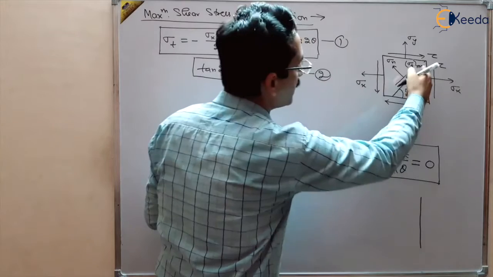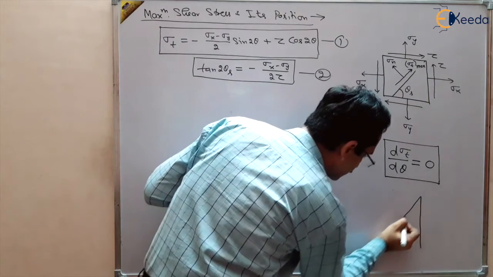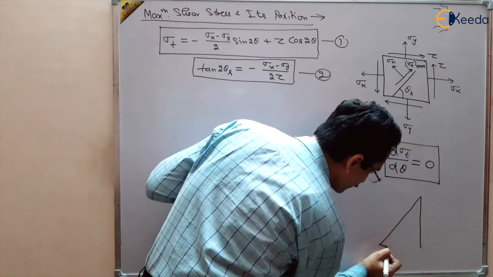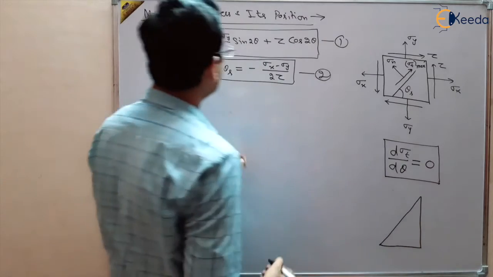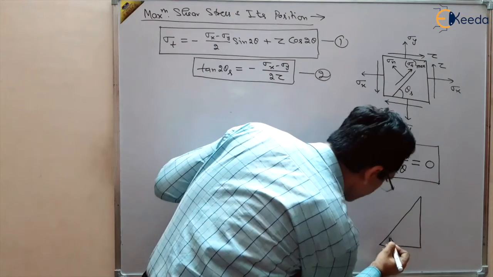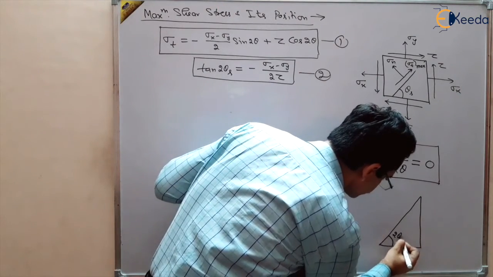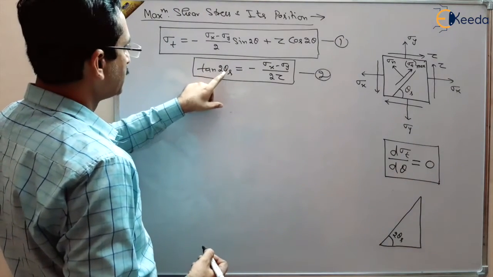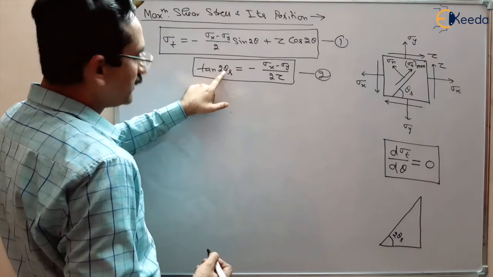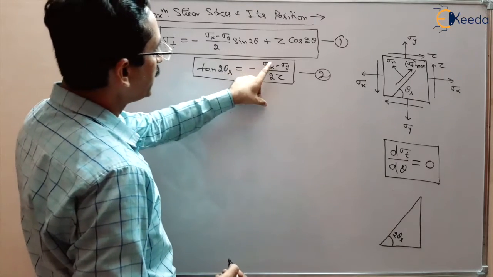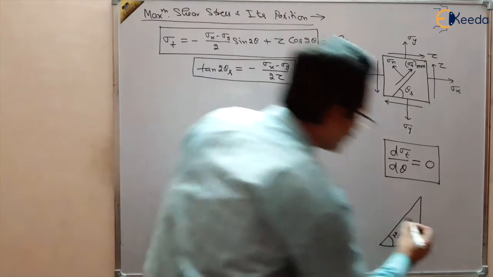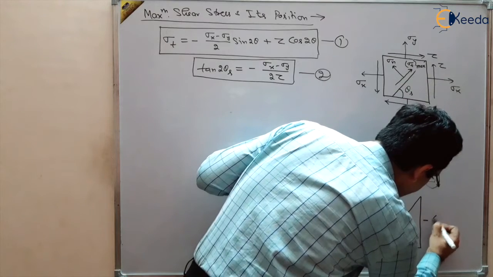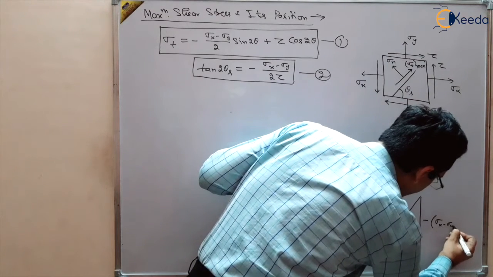This triangle has no connection with the earlier triangle. We are making another, arbitrary triangle, and the value of this angle is supposed 2 theta s. Our tan is perpendicular upon base. Our perpendicular is minus (sigma x minus sigma y).